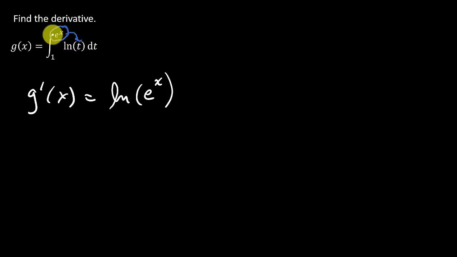So I plug the function in, e to the x, and then I've got to do times the derivative of this, what I plugged in. All right, so the derivative, well, what's the derivative of e to the x? Well, that's just e to the x.